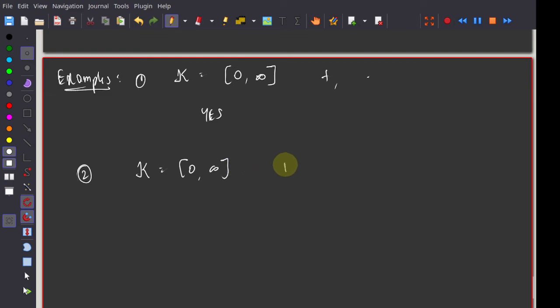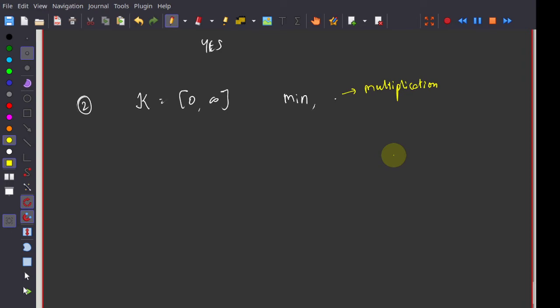I'm going to take the min operation and standard multiplication. So the minimum is a binary operation. Given any two inputs, it returns the minimum of those. Is this commutative?